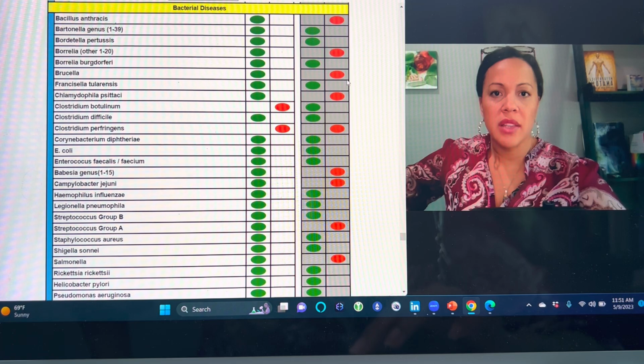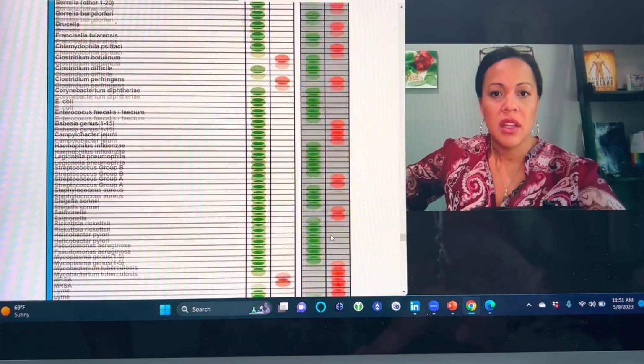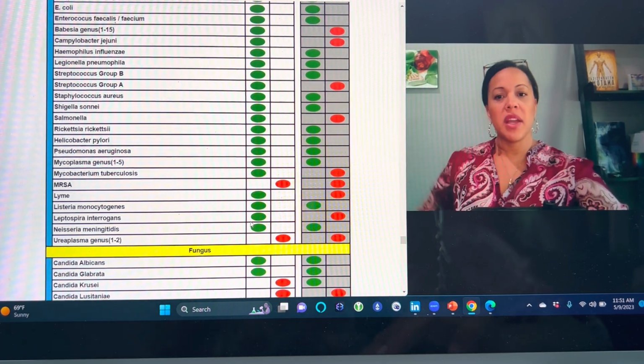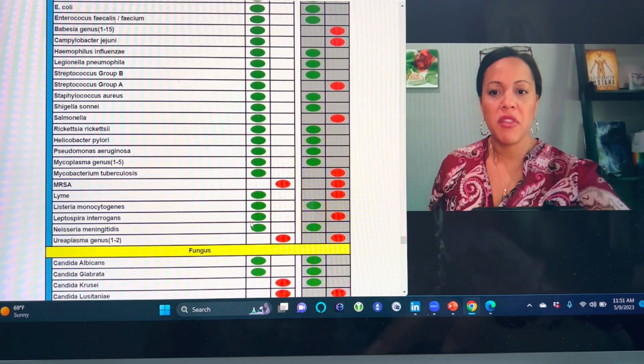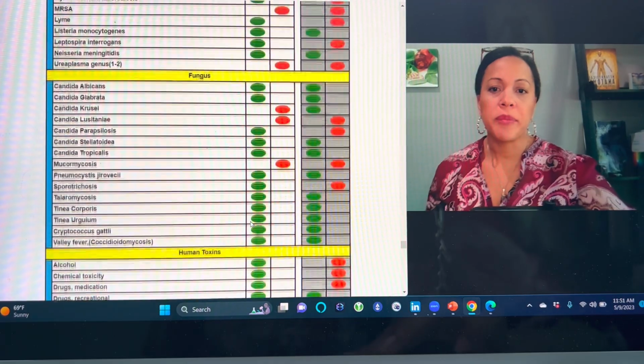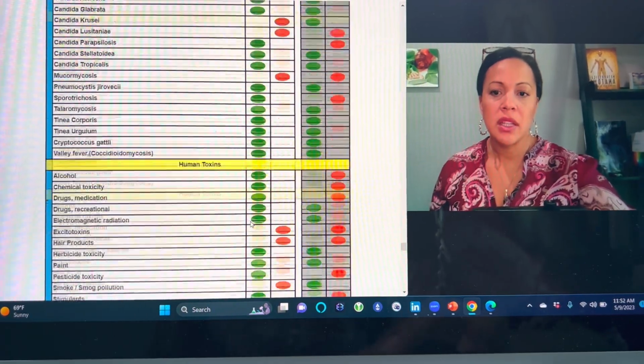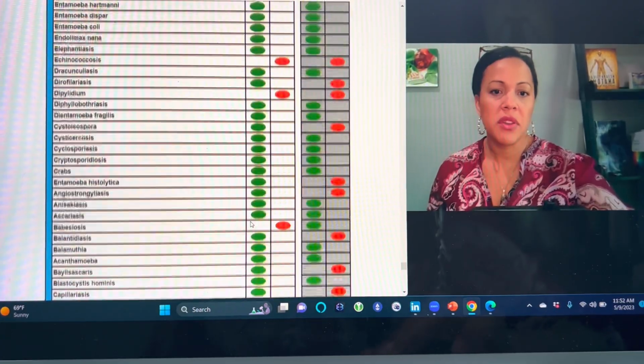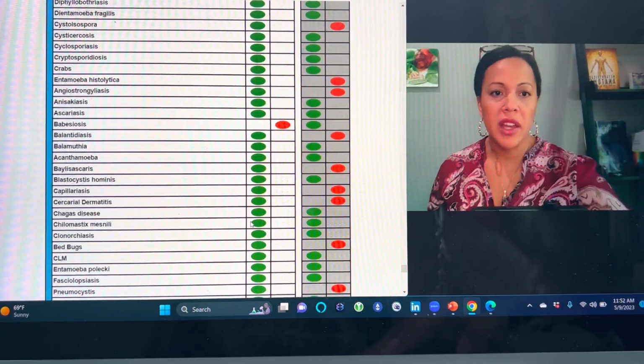Like in this case, this person has a lot of bacterias and some that didn't even optimize. So I would definitely give them a supplement to help get rid of bacterias. Here's a category of fungus. There's some toxins, heavy metals. All these things could be the reason why someone's stomach could be bothering them.